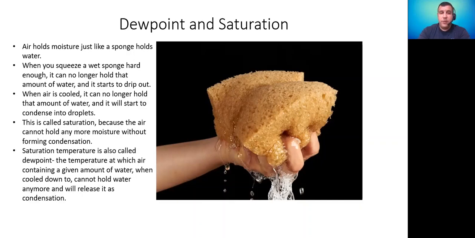The saturation temperature in psychrometrics is also called the dew point. It's the temperature at which air, given a certain amount of moisture that it's holding, if it gets cooled past that temperature, some water will start to fall out. That's what's called dew point. So it's a temperature that our air has to be cooled to in order to start forming condensation.